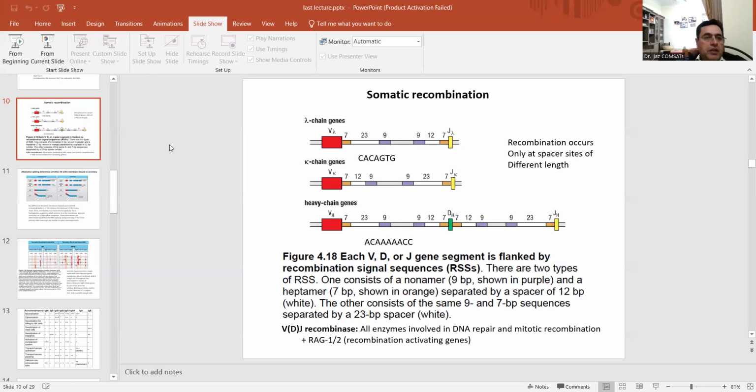In the next lecture, I will tell you what kind of further variation is ensured in an antibody, and what is the significance of that with respect to the affinity of the antibody. So thank you very much for this.